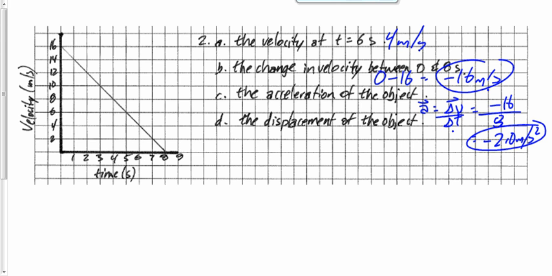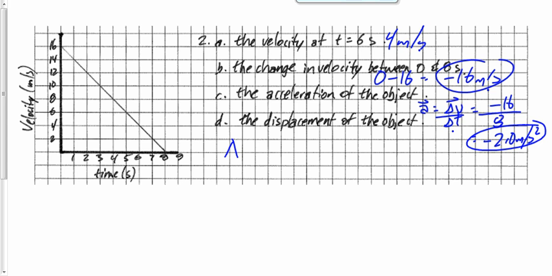And finally, the displacement. If you remember how to find displacement, this is actually a pretty straightforward one, right? The trick here is remembering how to find the displacement on a velocity time graph. You guys remember how to do that? Yeah, good. Find the area.